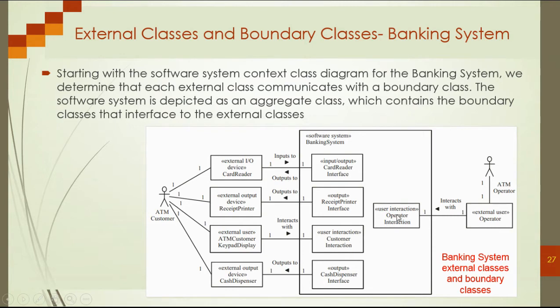So two user interactions and three devices. Each device is connected with a class inside the system. So here is how to present the external devices in the system as boundary classes.